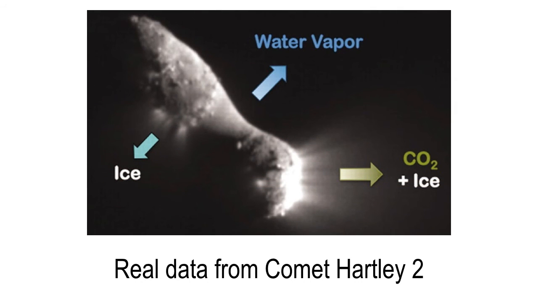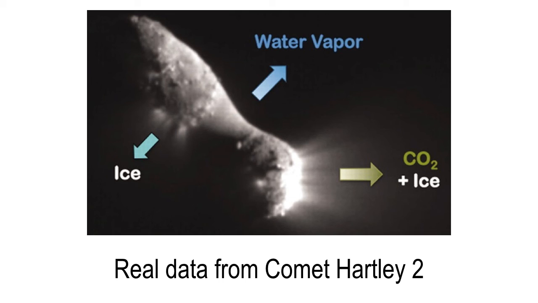Now, I'm going to show you some real data, and you can maybe make a sketch of it, but definitely look and use your eyes. Let's look at this data. It's from a comet called Hartley 2. This is a relatively close-up picture of the nucleus of the comet.